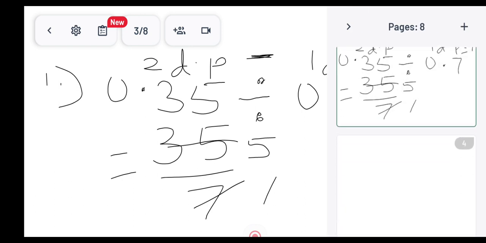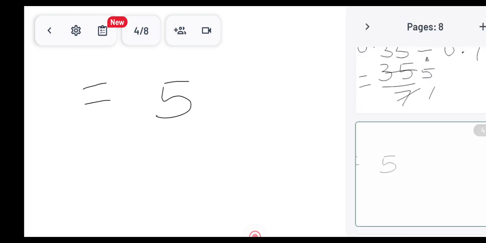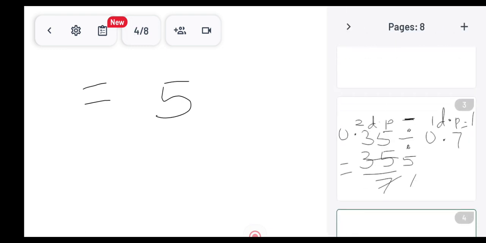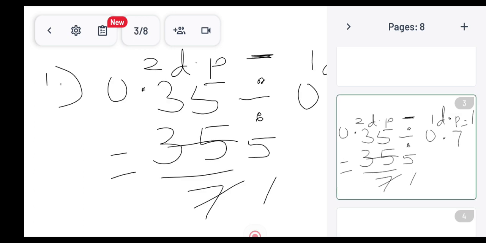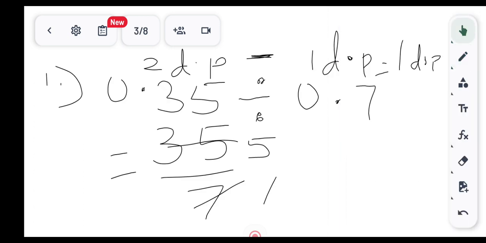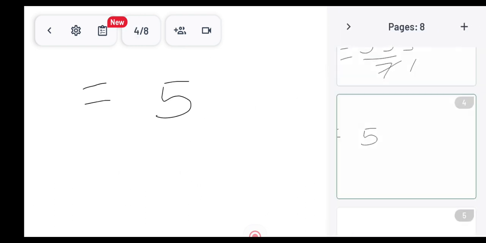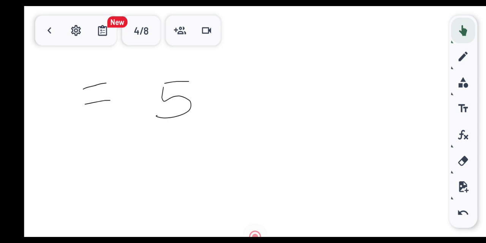So my final answer is 5. But don't forget, let's go back to the previous slide. We had 1 DP left. So you go back and put back your 1 DP by moving the point once.